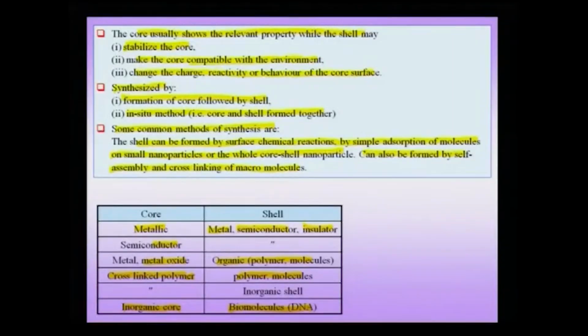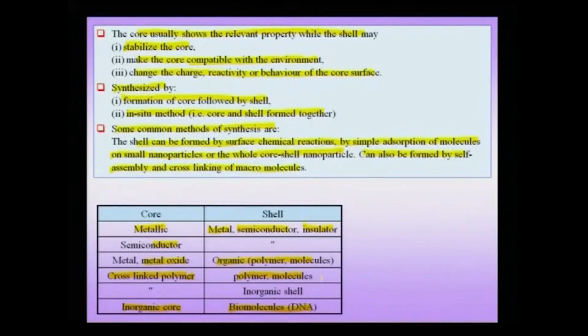That means I now have a process by which I am not only modifying my particle, and the modification, as we saw, can lead to stability or make the core more compatible with the environment, or modify something on the surface of the core such that I can tailor the properties of the core. And additionally we saw we could introduce newer properties which did not exist in the core.